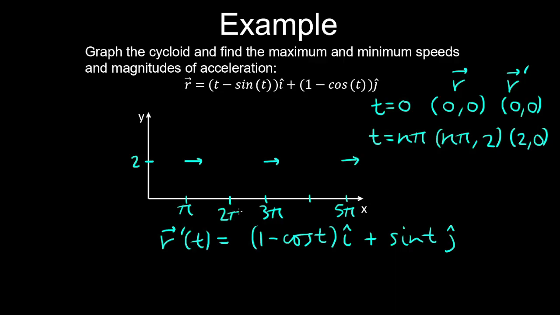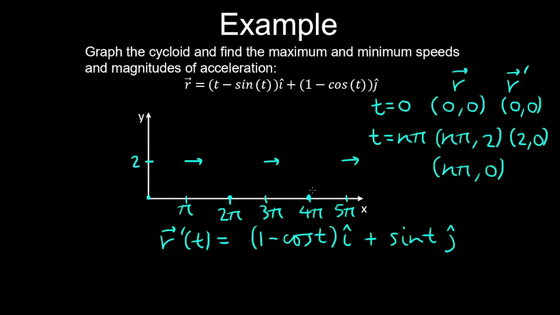And for even multiples of pi, we have a position of n pi, and 1 minus 1 is 0. So at even multiples of pi, the y coordinates are 0. And as we said at t equals 0, we have an undefined derivative and a position of 0.